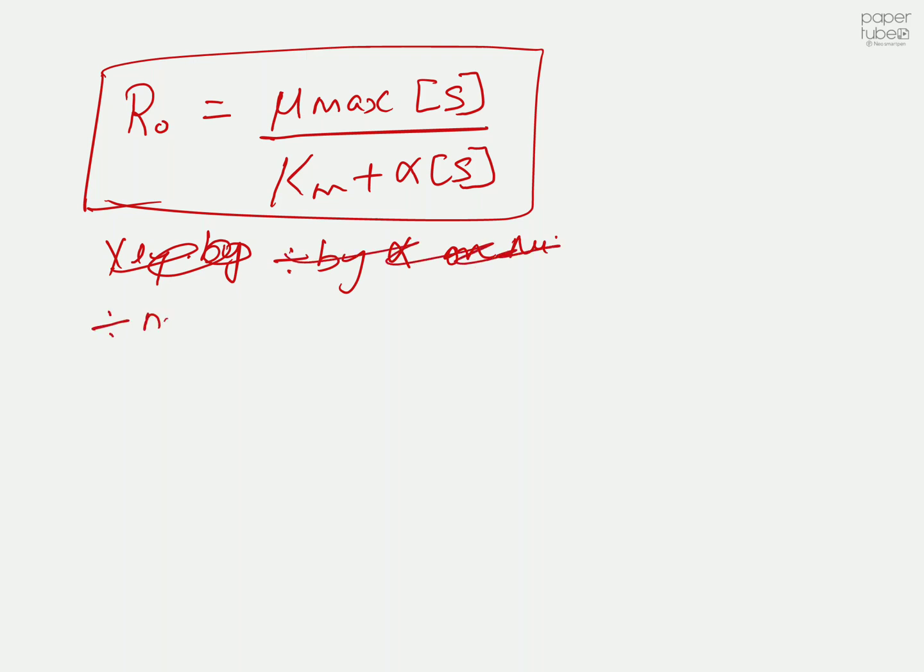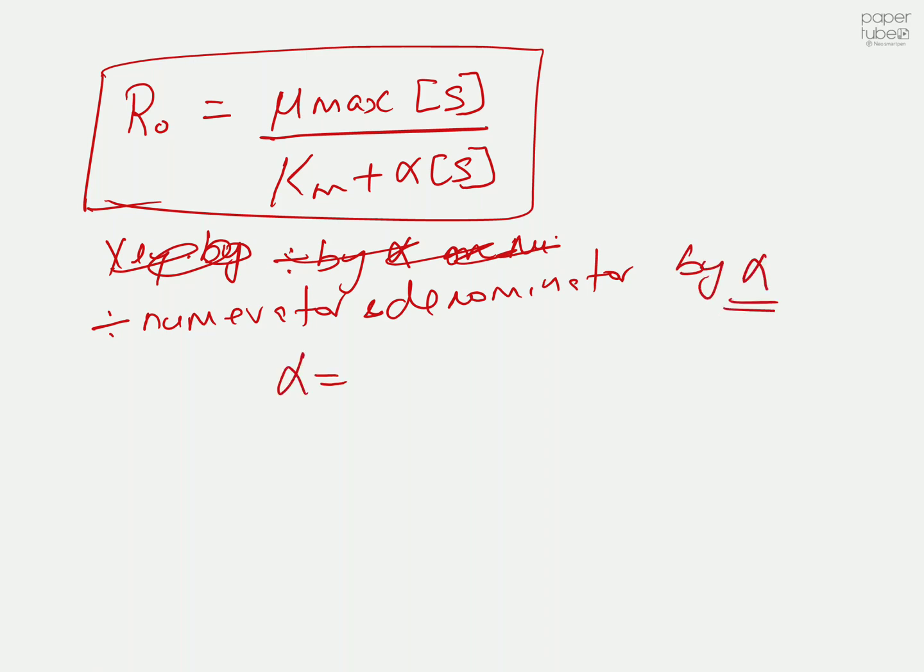Divide both numerator and denominator by alpha. Alpha is a parameter related to your inhibition constant and the concentration of your inhibitor.